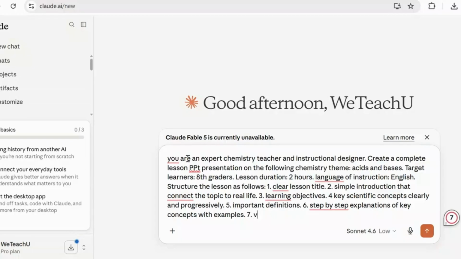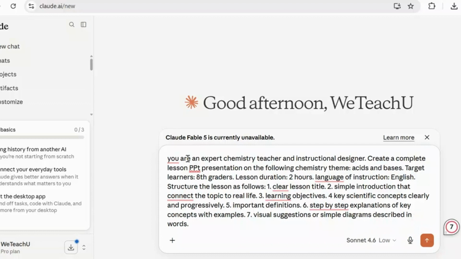And it's very important to include visual suggestions, especially when you're teaching a scientific subject. So I need visual suggestions or simple diagrams described in words.